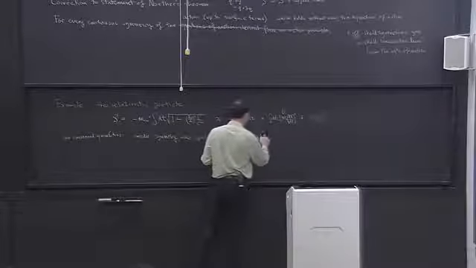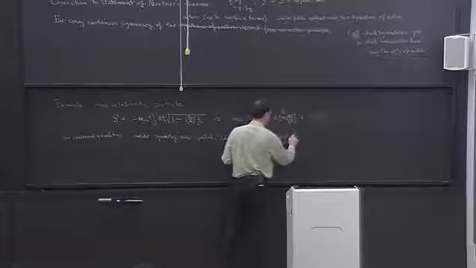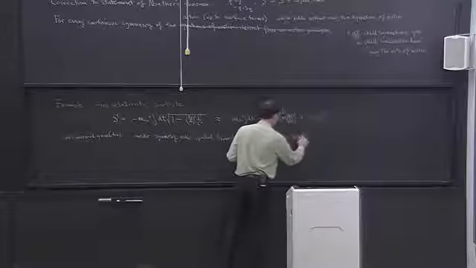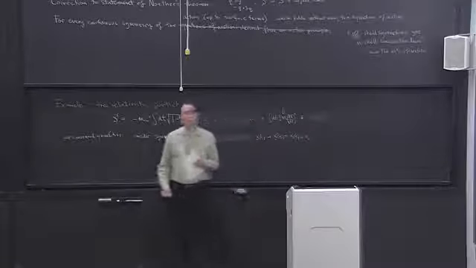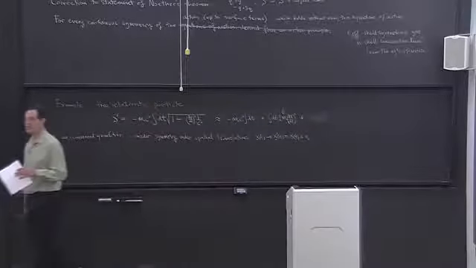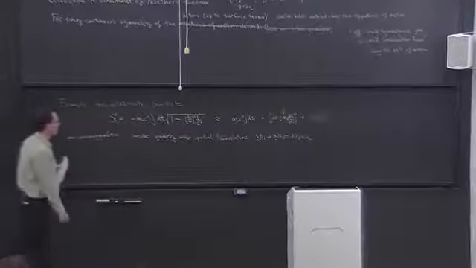So x(t) goes to x'(t), which is equal to x(t) plus epsilon, where epsilon is any constant 3-vector, independent of time.